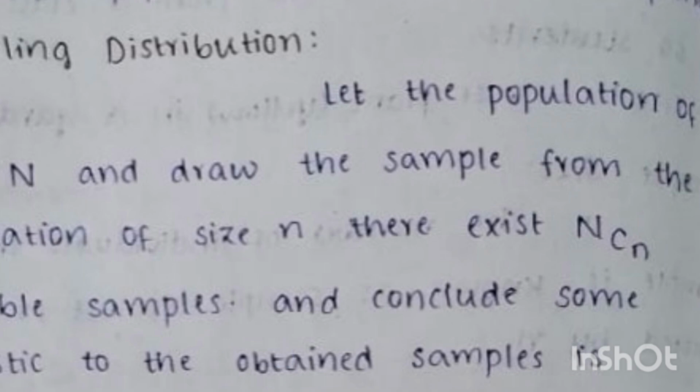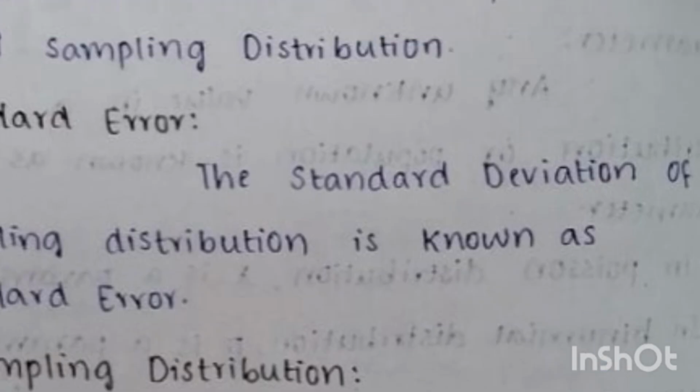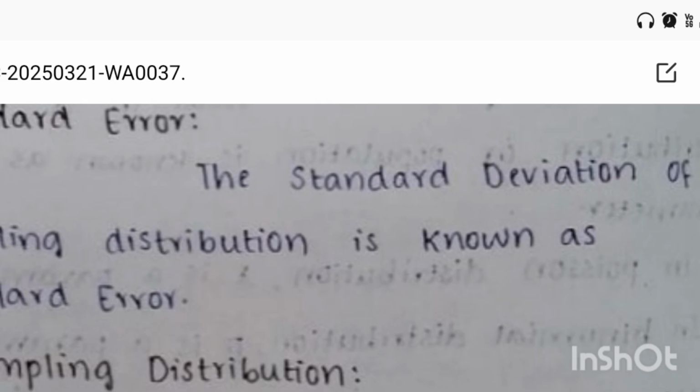There exist NCn possible samples, and the statistics computed from the obtained samples form the sampling distribution. Next, a very important definition, that is standard error. The standard deviation of a sampling distribution is known as standard error.